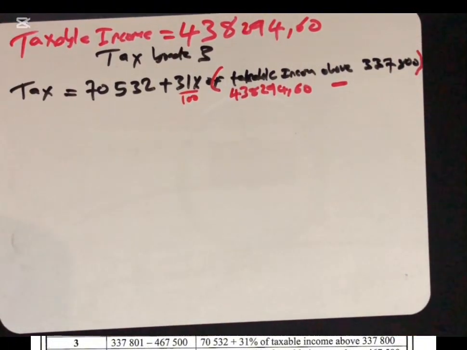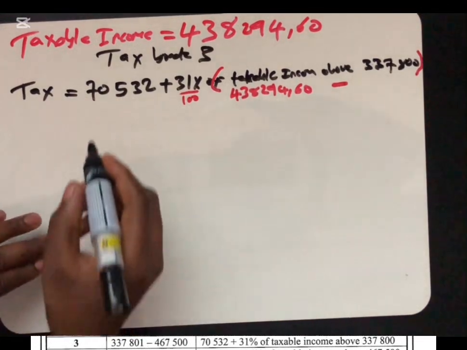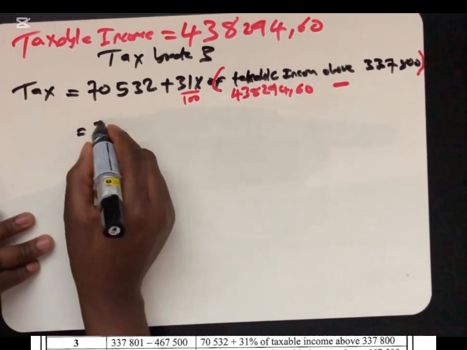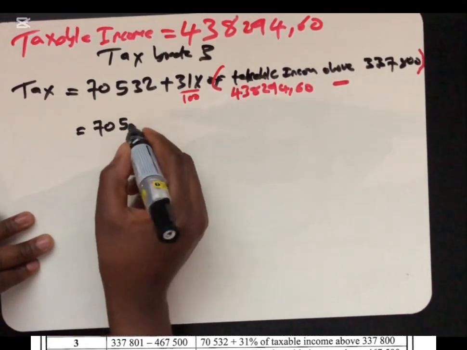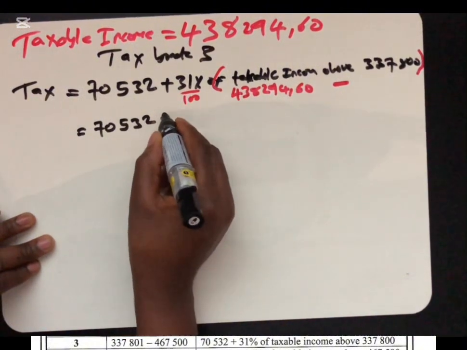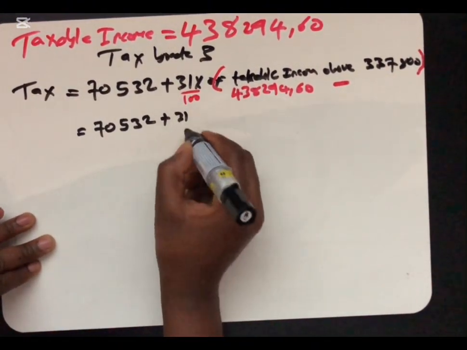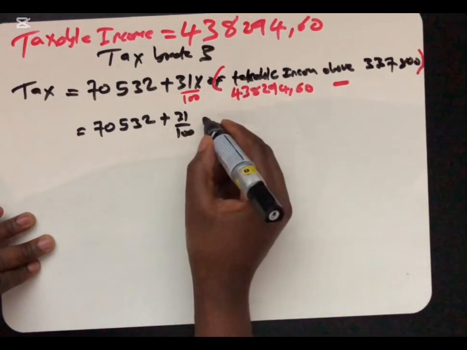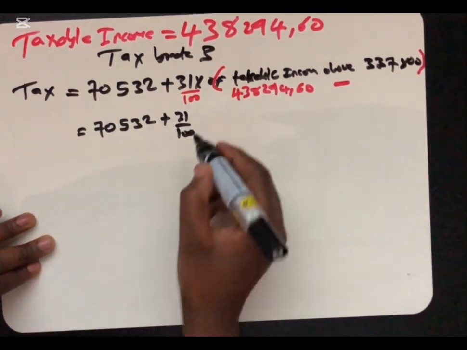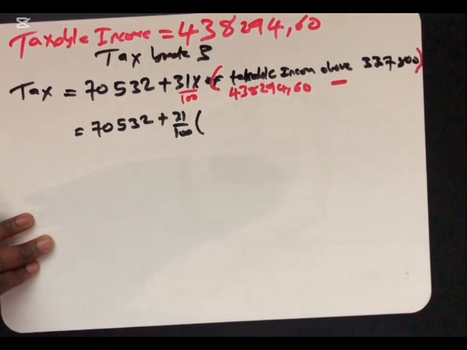After doing that with a pencil, now you use your blue pen. You are now going to say 70,532 plus, instead of writing 31%, we write 31 over 100. Then instead of writing the word of, you open a bracket.